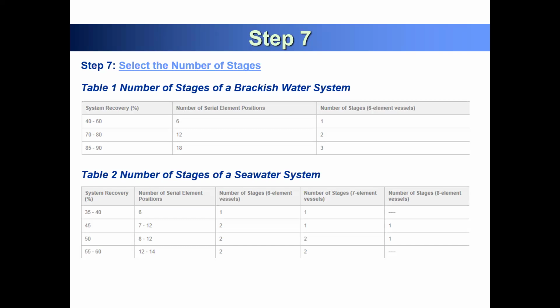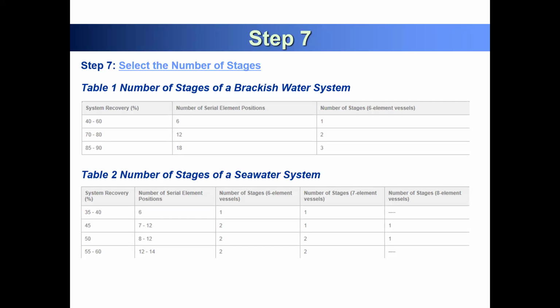Now the number of stages for a seawater system is very much relevant to your assignment. So when you have seawater, recovery is 40%, 50%. So you have a number of serial element positions 6. The 50% is 8 to 12.